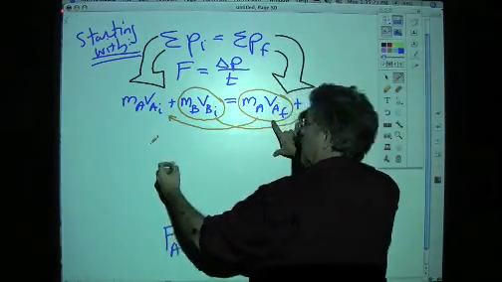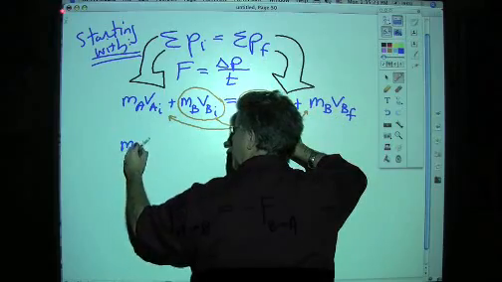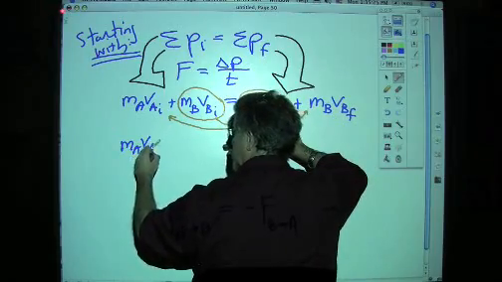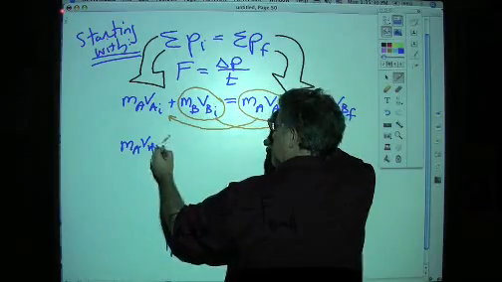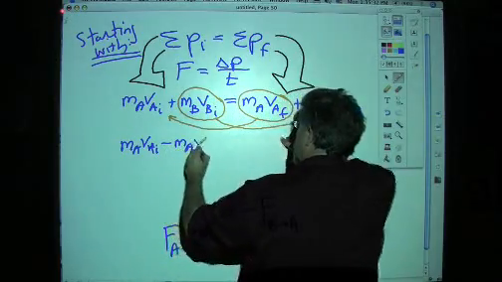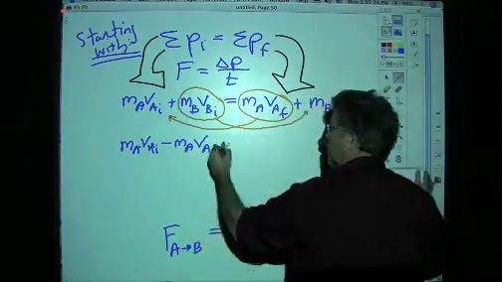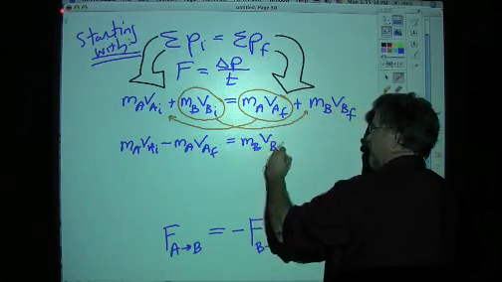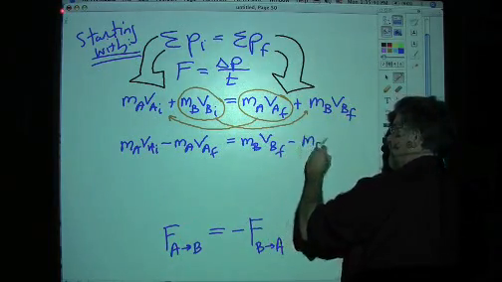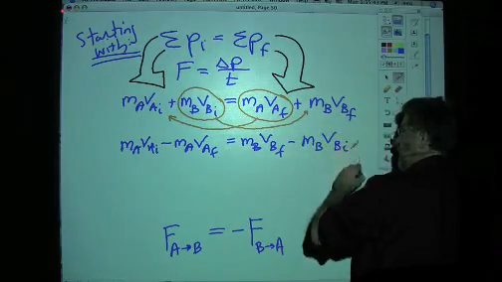the mass of A times the velocity of A initial minus the mass of A times the velocity of A final equals the mass of B times the velocity of B final minus the mass of B times the velocity of B initial.